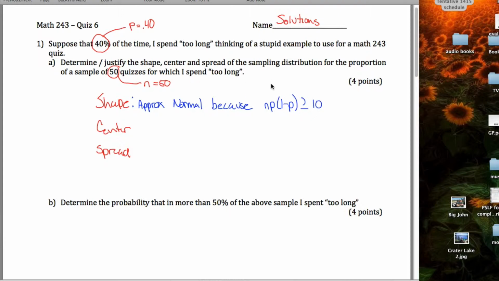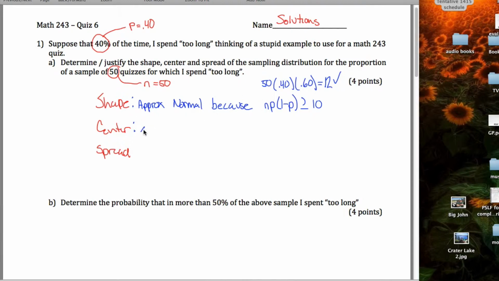To prove to you that this is true, n is 50, p is 0.4, and 1 minus p is 0.6. If you multiply those all together, you get 12, I think. Yeah, I think that's right. Which is greater than or equal to 10. Cool, it's approximately normal. I can continue with the problem.